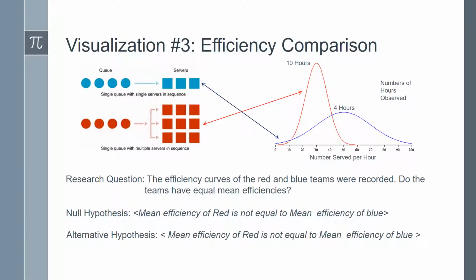Likewise, we can go to the efficiency of two server stations. The blue one has a linear queue with few servers, but the red one also has a linear queue, but the servers are in multiple channels.